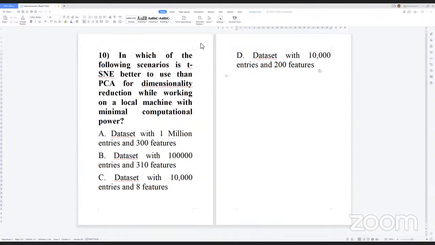Option B, dataset with 1 lakh entries and 310 features. Option C, dataset with 10,000 entries and 8 features. Option D, dataset with 10,000 entries and 200 features. What would be the option?